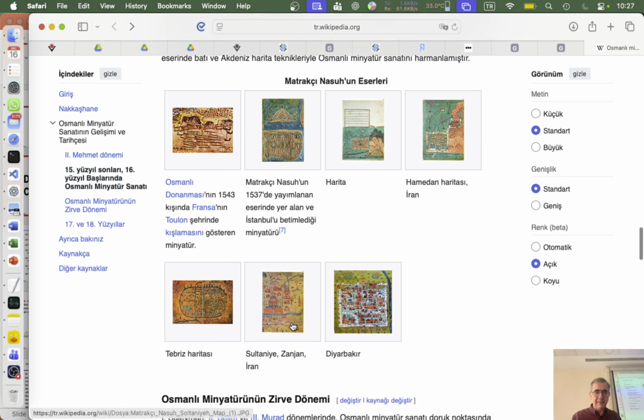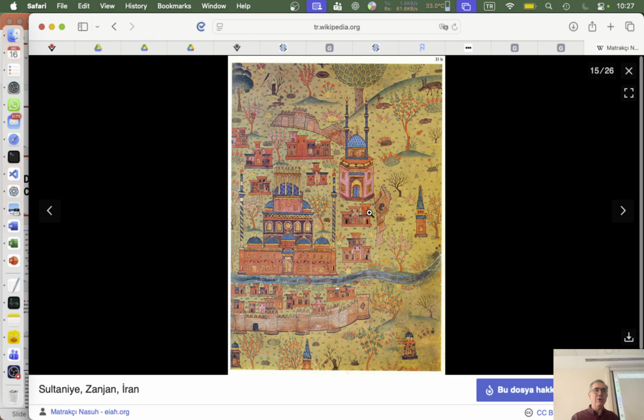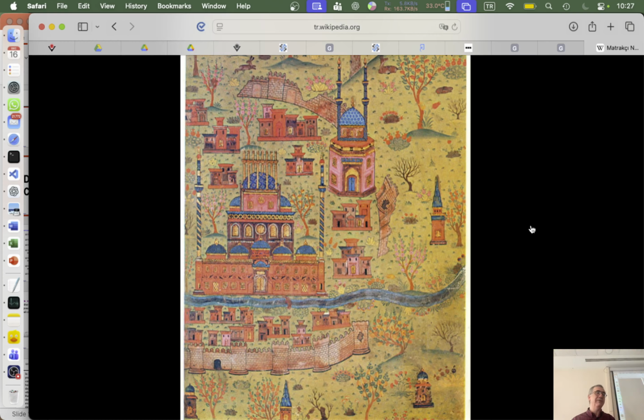Your brain thinks they are further away. It could be worse. For the maps, for example, this is kind of interesting. You see that there are mosques and rivers, etc., but not scaled. So it's not direct mapping, but it somewhat helps the brain understand how it was physically in three dimensions.